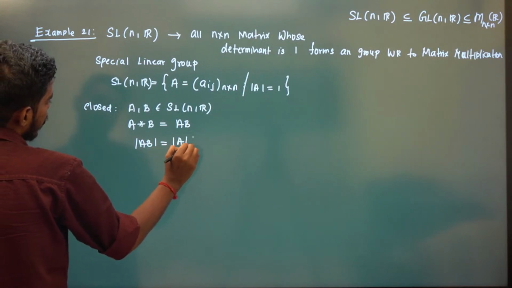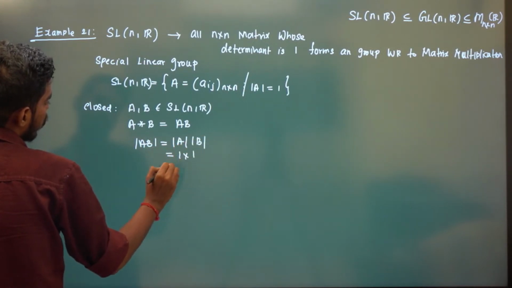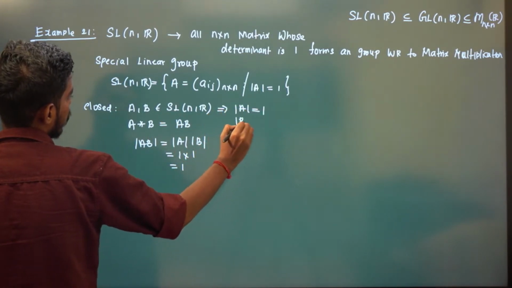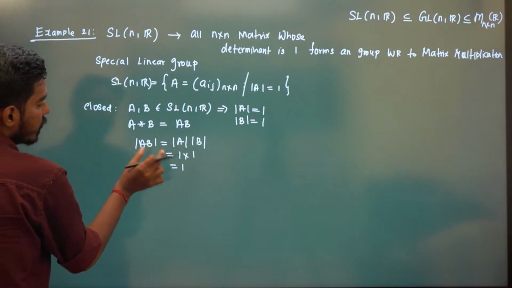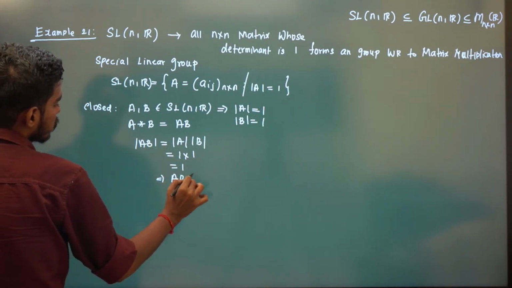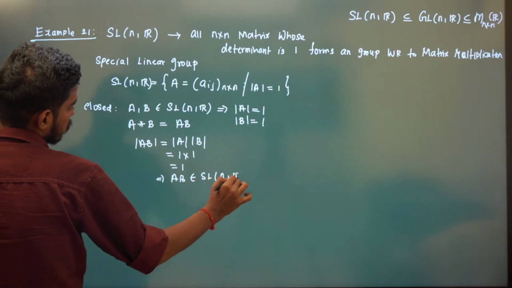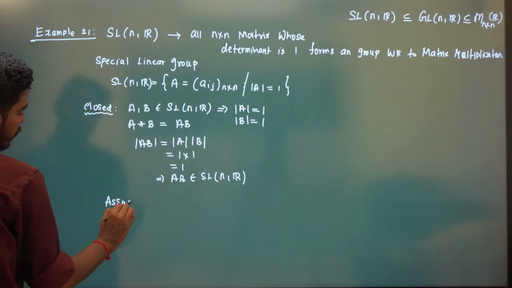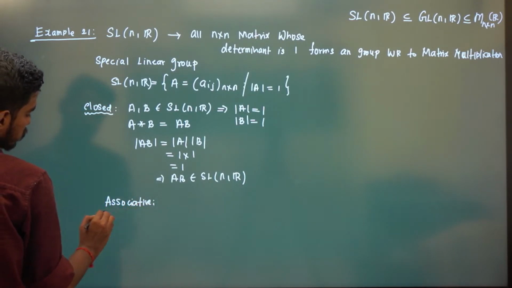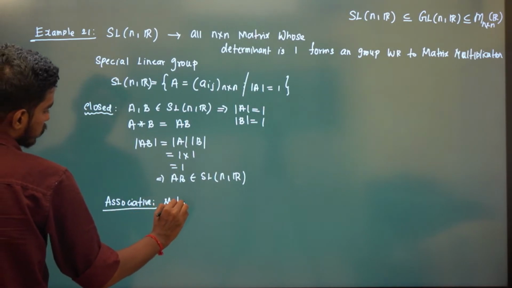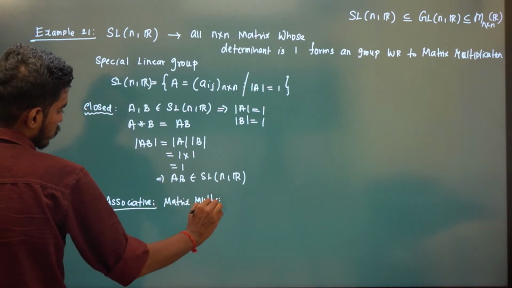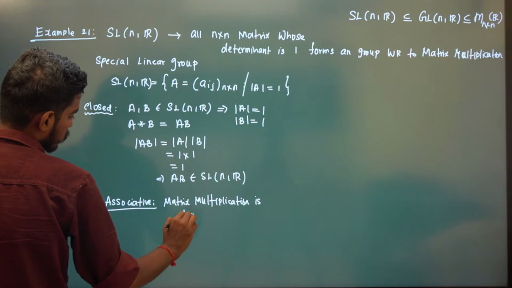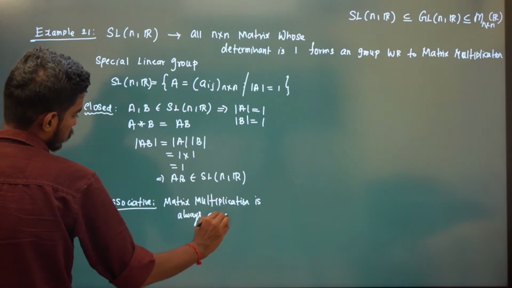It is determinant of A times determinant of B. Since A and B belong to SL, determinant of A is 1 and determinant of B is 1. So determinant of AB is 1. That means AB belongs to SL(n, R). And matrix multiplication is always associative.